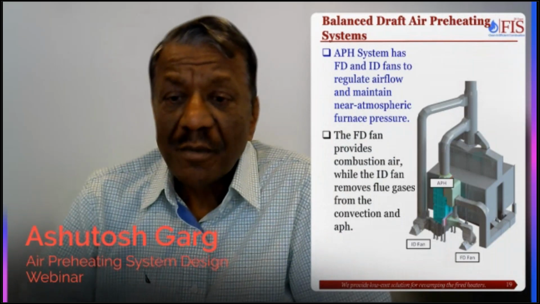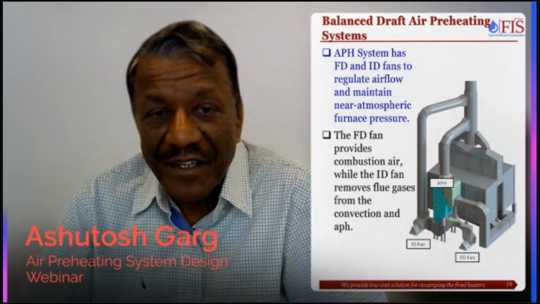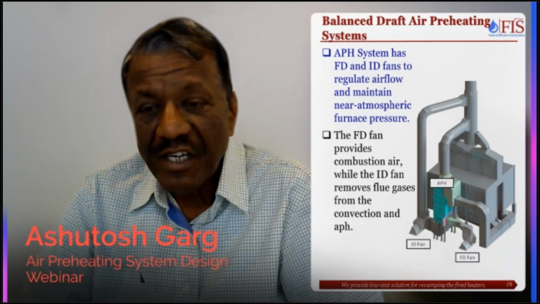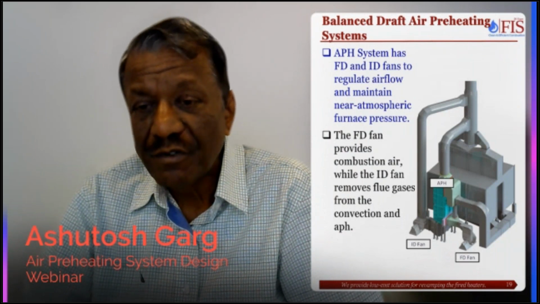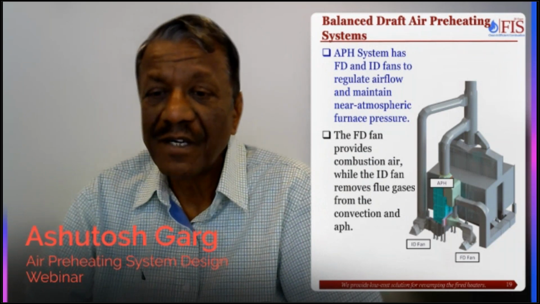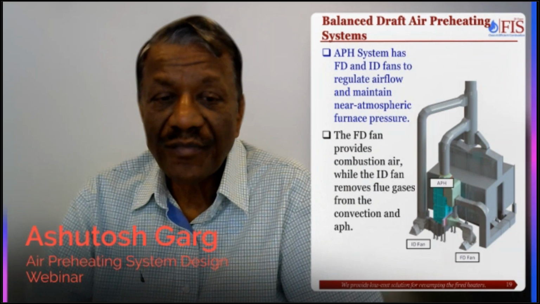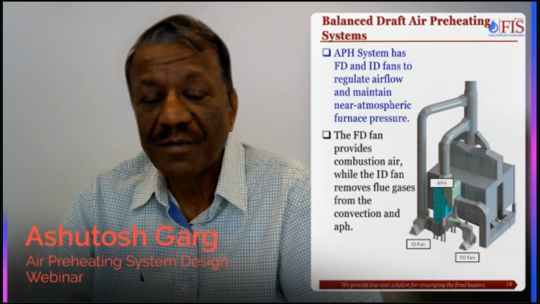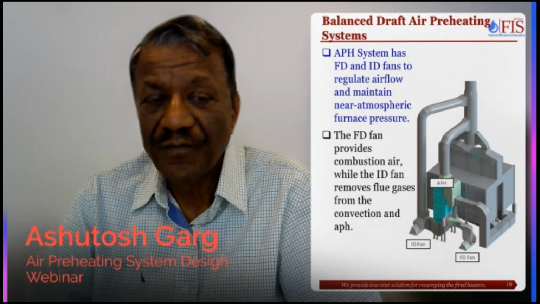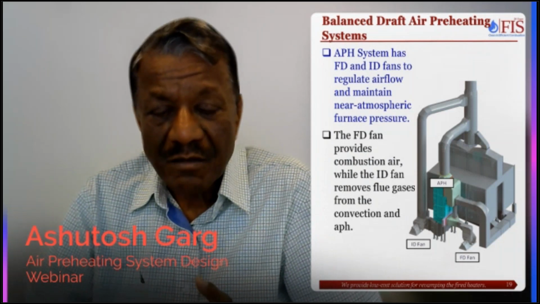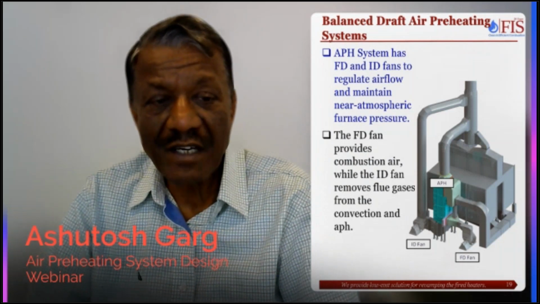The most common air preheating system is the balanced draft. In balanced draft, you have both a forced draft fan supplying the combustion air and an induced draft fan removing the flue gases from the system. So that's typically the configuration. Here we have a fired heater.